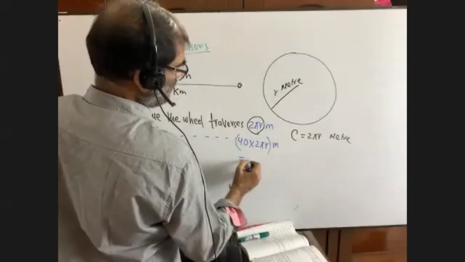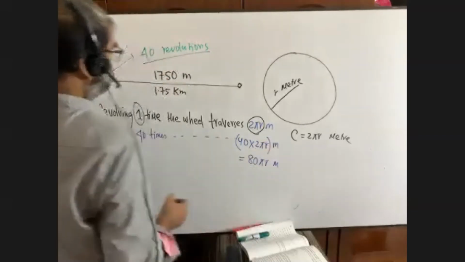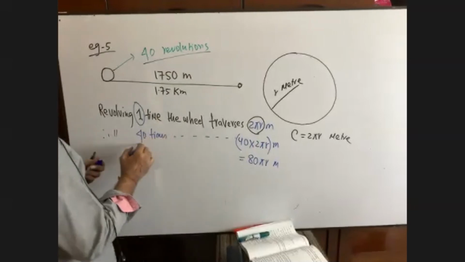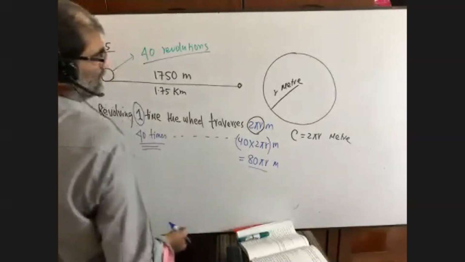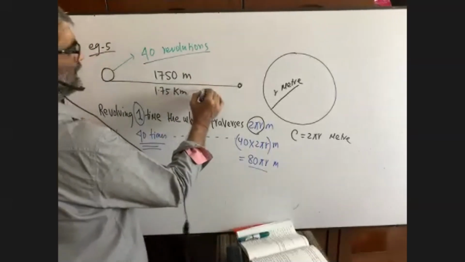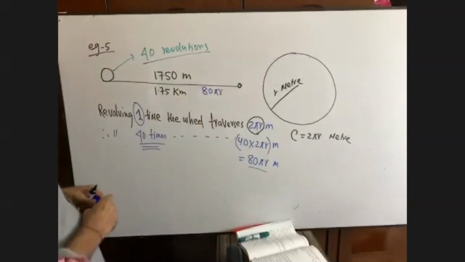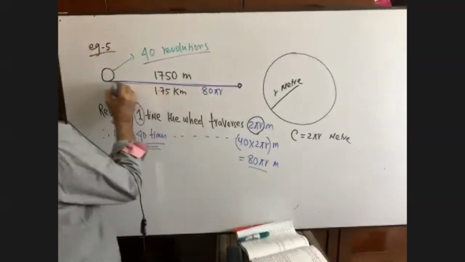That means 80 pi R meter. By revolving 40 times, it travels 80 pi R meter.